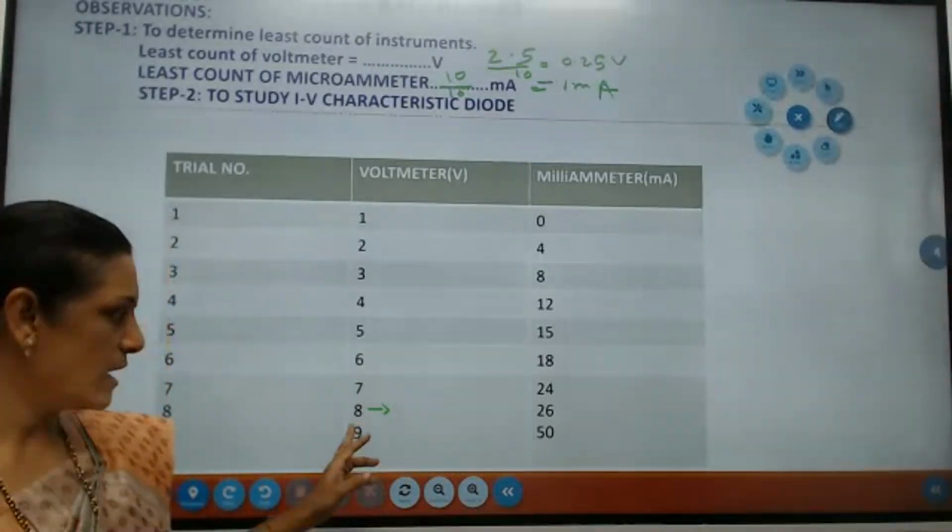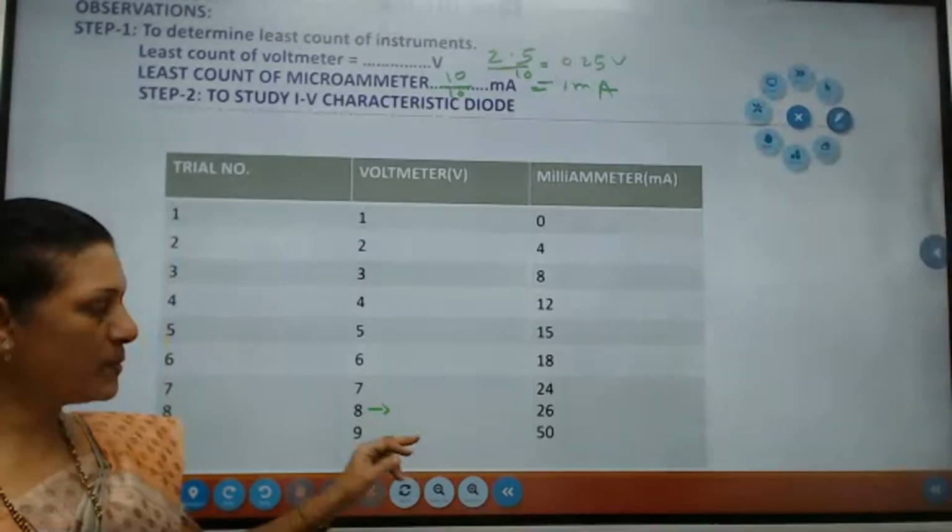Then I will show you at which voltage our Zener diode breaks down.